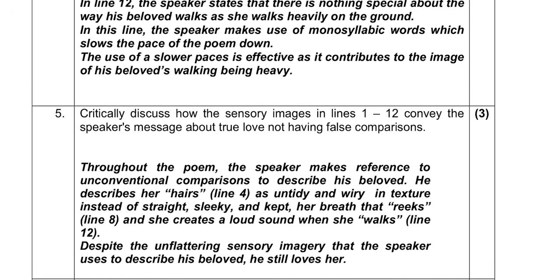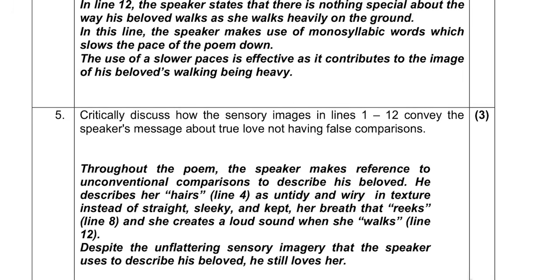So you read lines 1 to 12 and say, okay, this is about sound, this is about smell, this is about touch or whatever. And then once you identify those senses, you need to say how those senses convey the speaker's message about true love, not having false comparisons. So that's a central idea or a central message question.